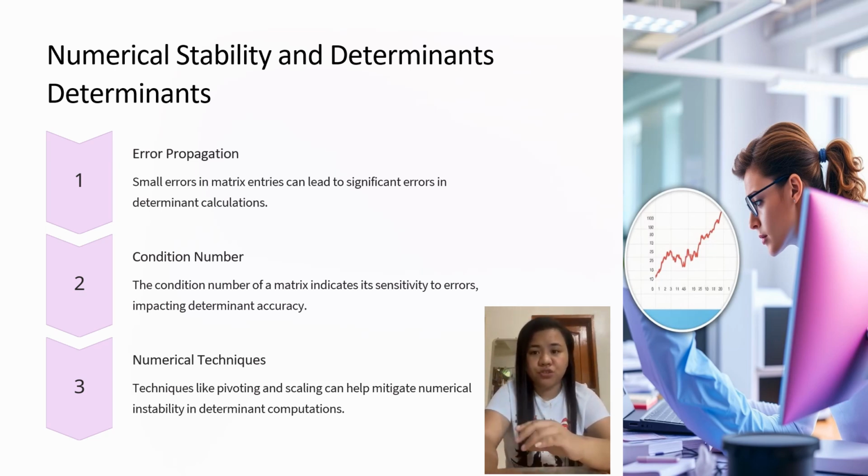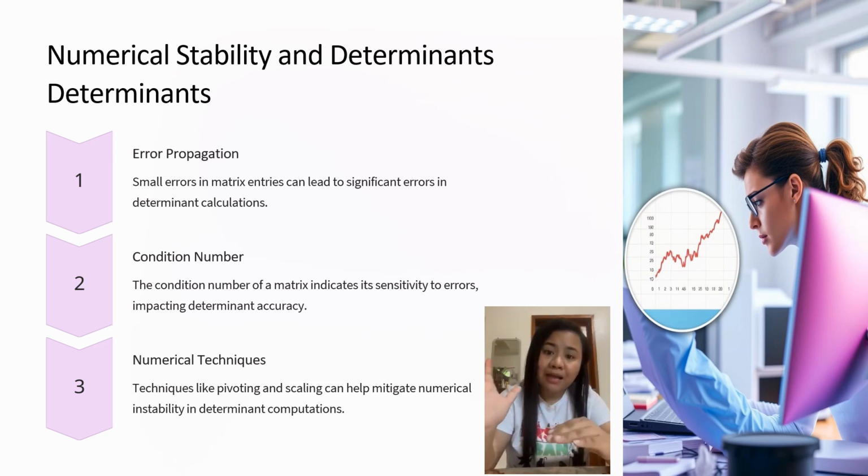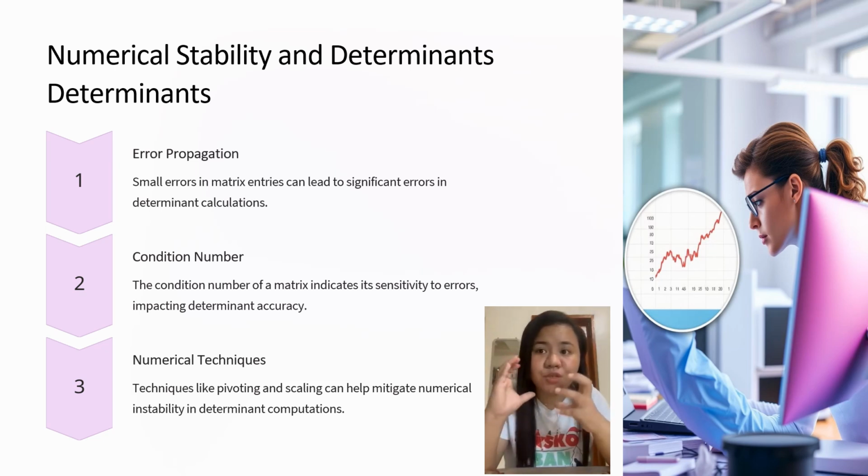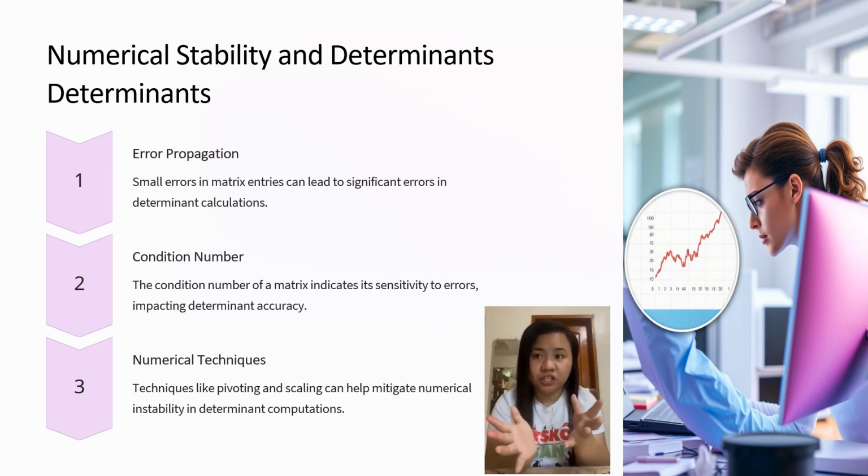Numerical techniques like pivoting or scaling can mitigate numerical instability in determinant computation. We also have parallel and distributed computing. For large matrices, the computational burden of calculating determinants can be alleviated by parallelizing the algorithm. Many linear algebra libraries such as LAPACK leverage multi-threading and distributed computing systems to speed up the determinant calculation process.